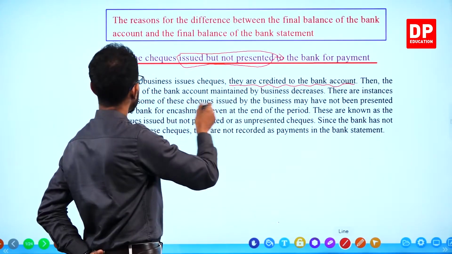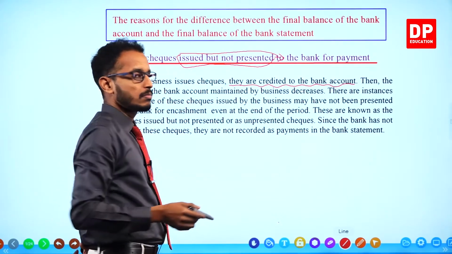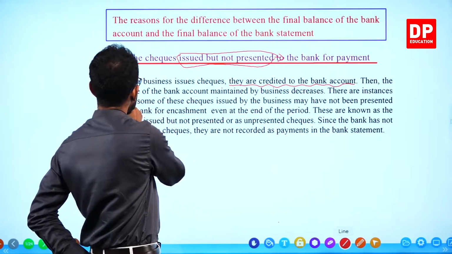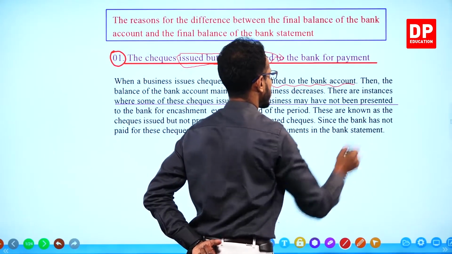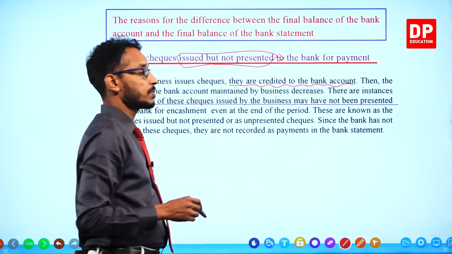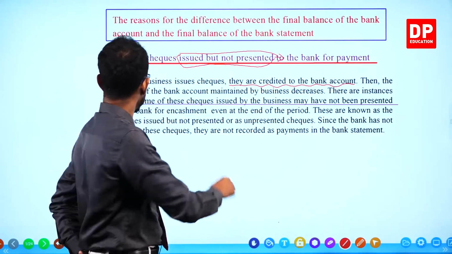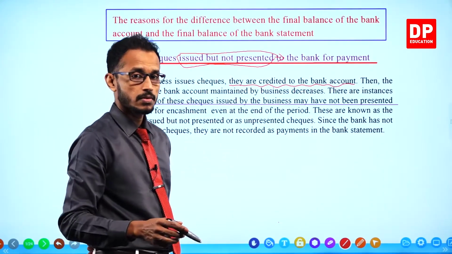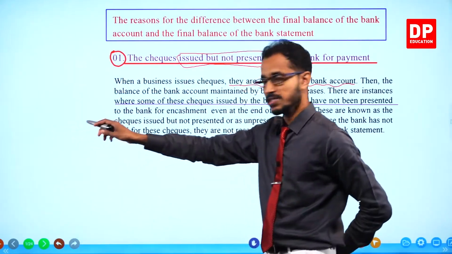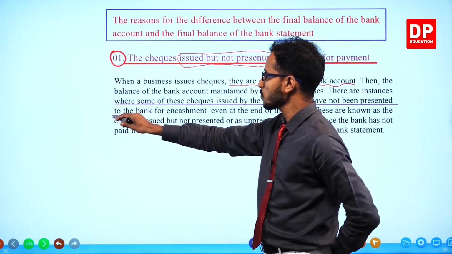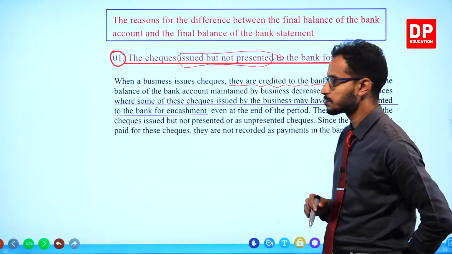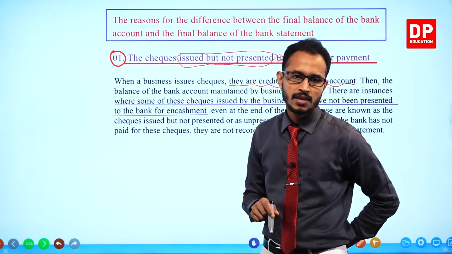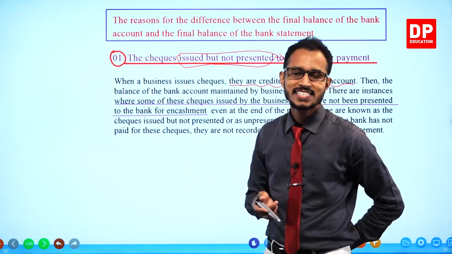There are instances where some of these checks issued by the business may not have been presented to the bank for encashment. Is it clear now? That is the case here. That is the reason.